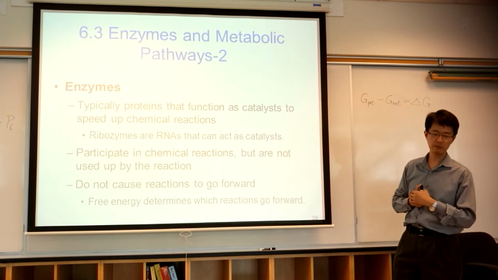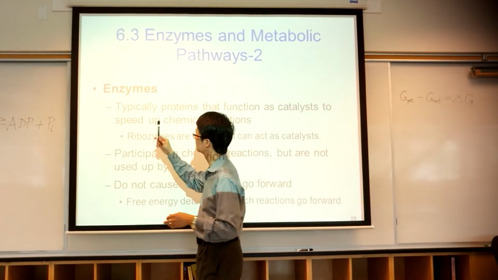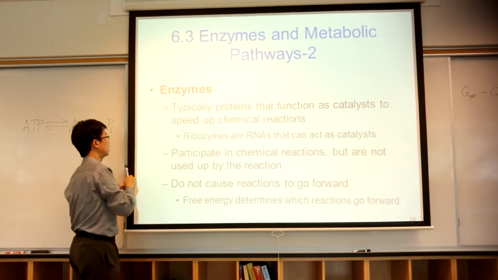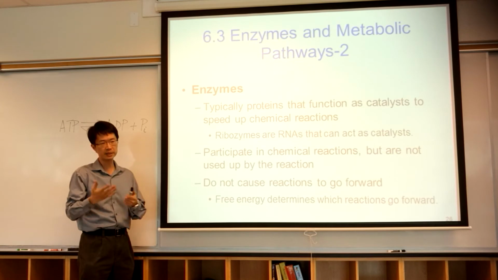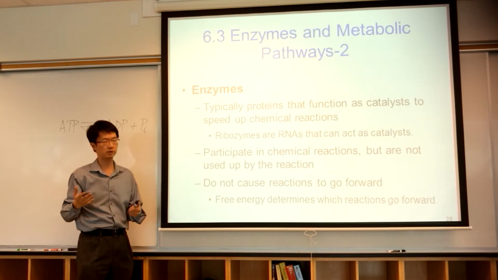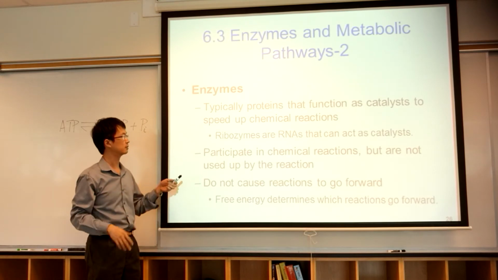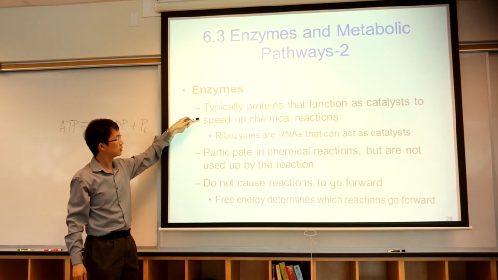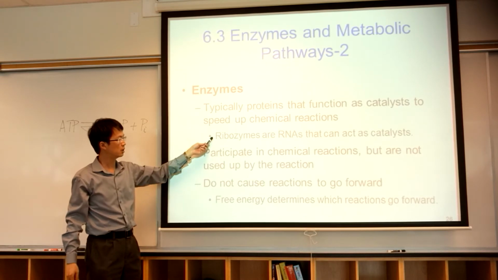And during the metabolic reaction, we usually require the use of enzymes. Why? Because if we do not use the enzyme to speed up the reaction, it will take forever. Then we cannot react to the environment so quickly. So an enzyme is a catalyst to speed up the chemical reaction.